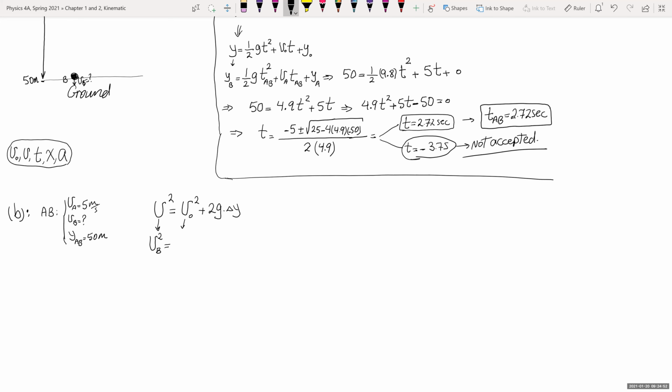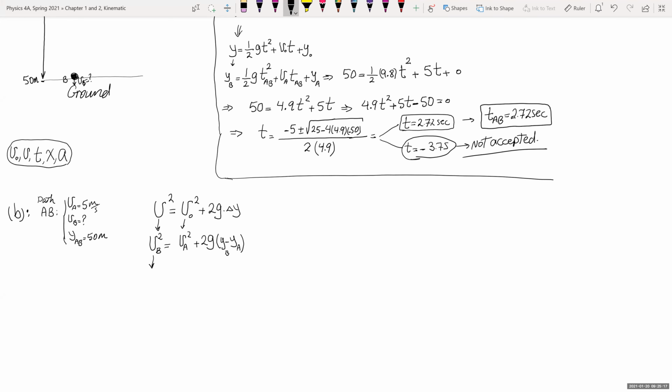V naught is initial. 2 is 2, g is g, and delta y is y minus y naught, or yB minus yA. Does it make sense for the path of AB?